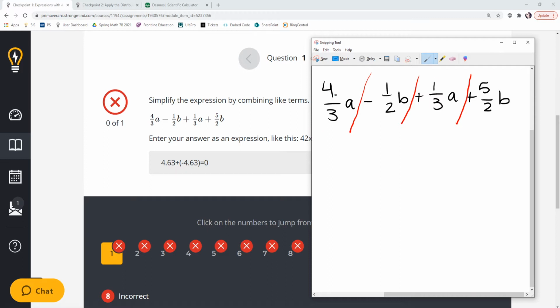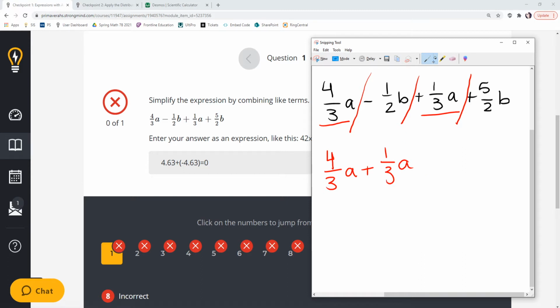If I look at this first one, 4 over 3, this has an A. This 1/2 has a B, so I can't combine those because they're different. And 1 over 3 also has an A. So when I am combining these, I'm going to combine 4 over 3A, and then this plus sign is going to come down with this 1/3 A.